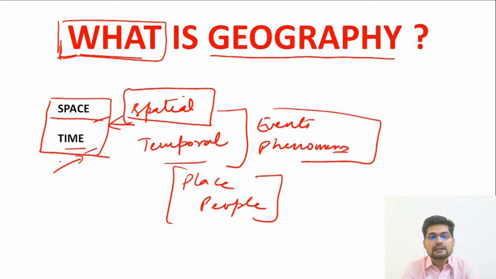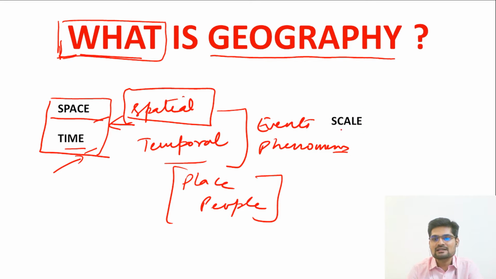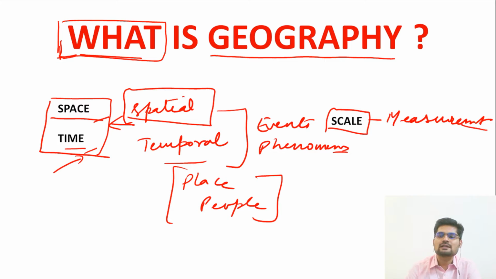But remember, it's not restricted to just space-time. There is a third important point that we do in geography, and that is scale. So what is this scale that we study in geography? Understand that scale is something that is important for measurement. When we say measurement, scale also gives us the dimension of things.